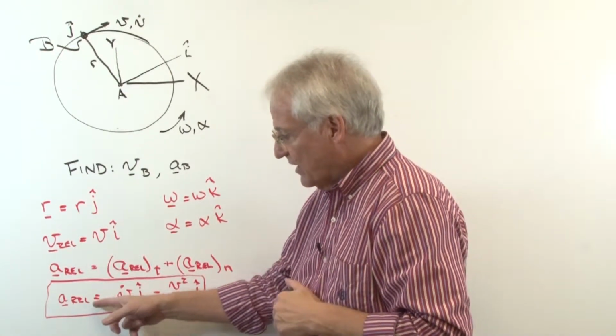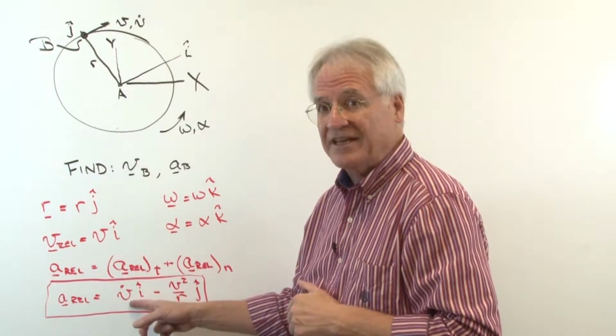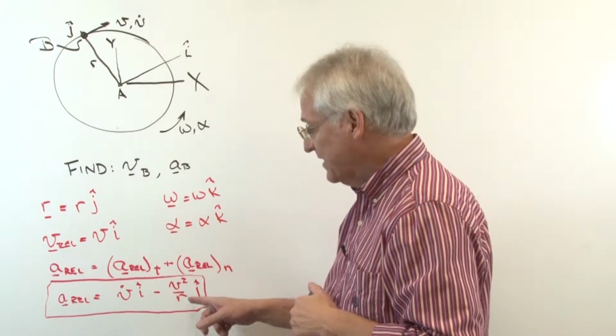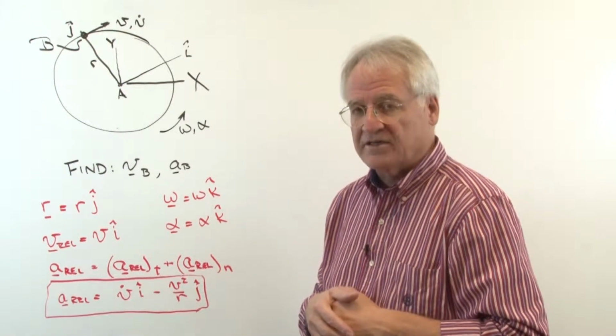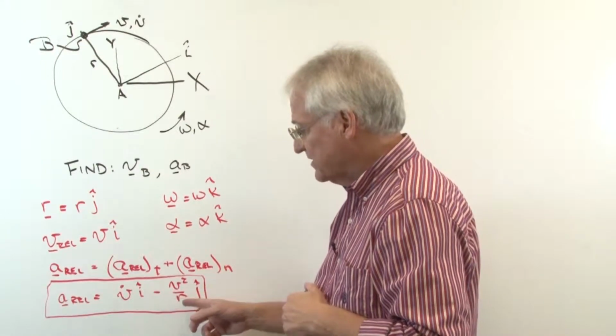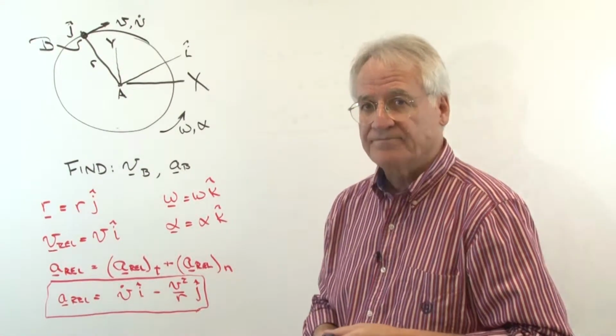The first of those, the tangential component, is simply what you were given, v dot times i hat, whereas the component toward the center of the circle is minus v squared over r times j hat.